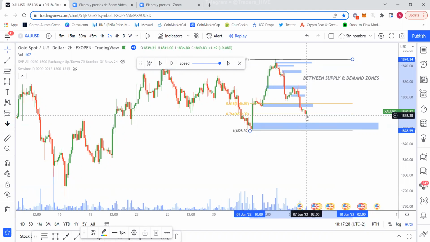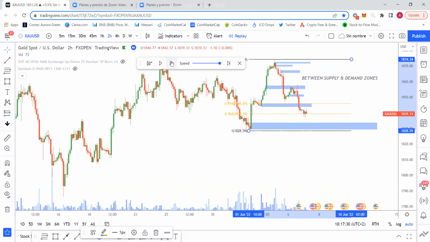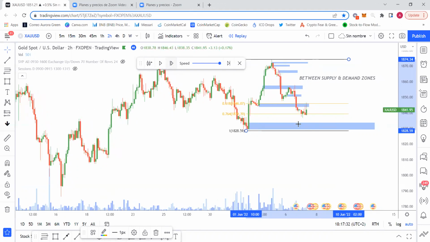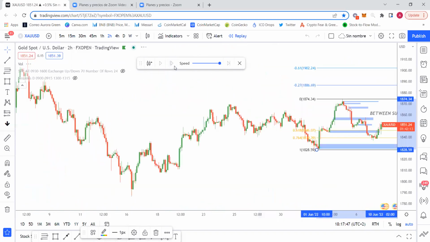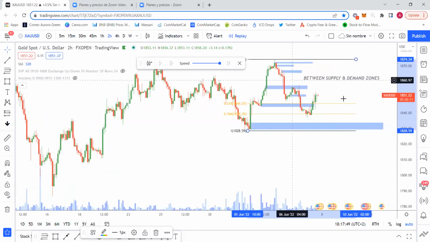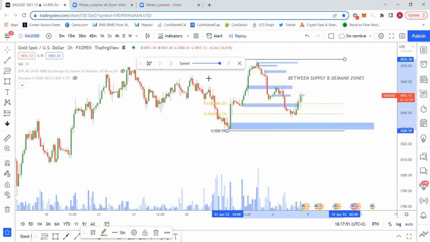I know we did buy here. So this could be another target, my 0.76 of Fibonacci. If I enter a sell here, I get this impulse, and I target this level of the Fibonacci, always making sure that my risk to reward ratio allows me to do so. So Fibonacci as well.